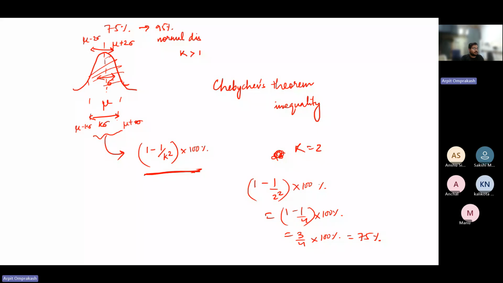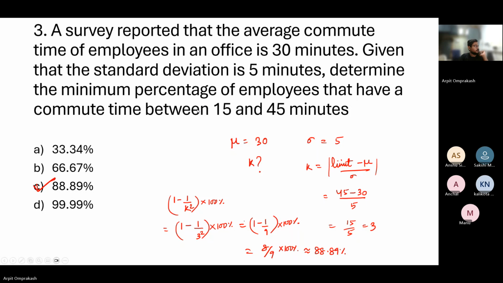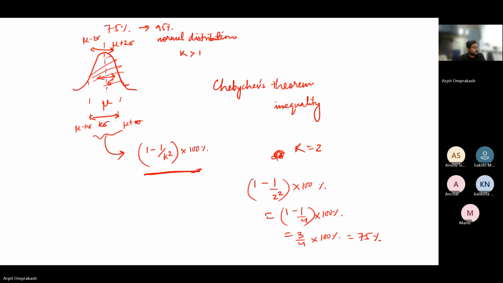What this theorem gives us is a lower bound or a minimum estimate of the number. That's why what we are asked here is the minimum percentage. So if you are confused about these kinds of questions, you can look at that to identify that maybe this is the place where we use the theorem.